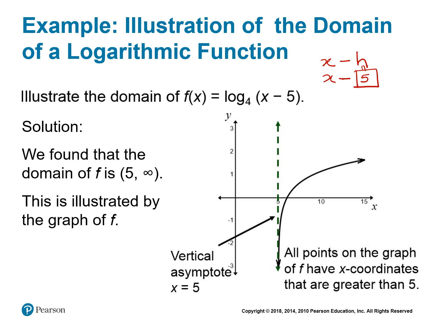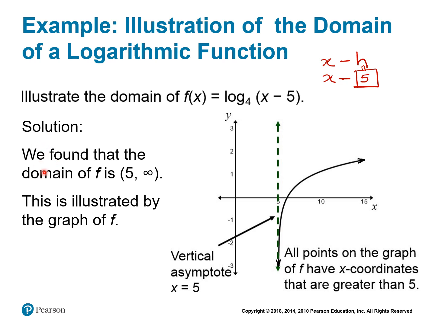The vertical asymptote has shifted from 0 to 5, and the graph is now aligned to a vertical asymptote of x equals 5. All right.